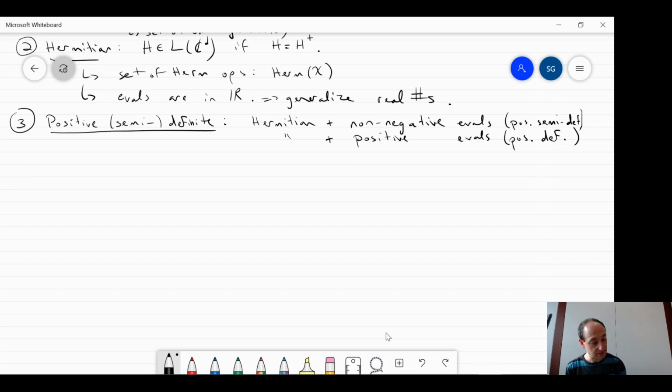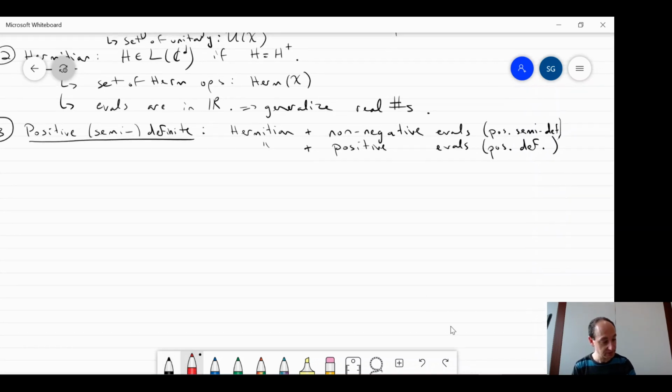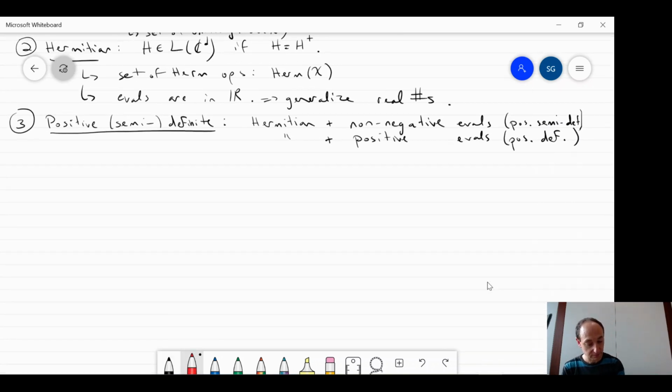Normally, the notation we'll use for this, which is super easy to remember: for positive semi-definite, we say that H is this squiggly greater than or equal to, and for positive definite, we use the strict inequality. Again, it's a squiggly one.